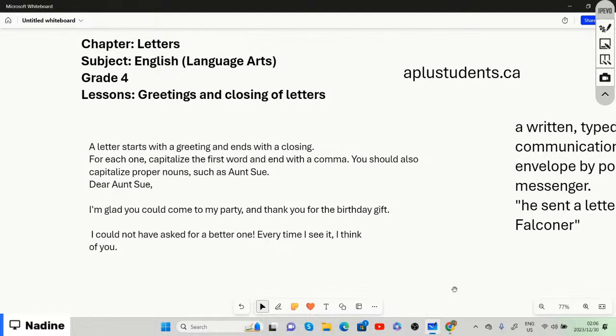So we said our chapter is letters. The subject is English language arts. Grade 4, and the lesson that we're focusing on under the chapter of letters is greetings as well as closing of letters.